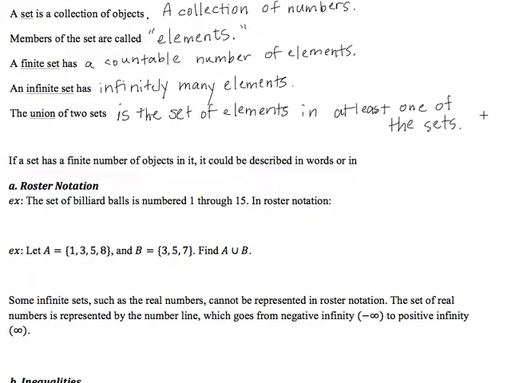Okay. If a set has a finite number of objects in it, it could be described in words, or you can use this notation called roster notation, which is essentially where you just list things out. You list out all of the elements in the set. Typically, it's done inside of curly braces.